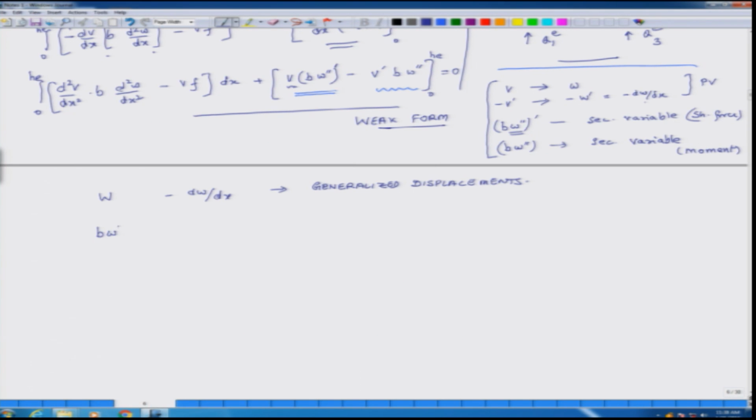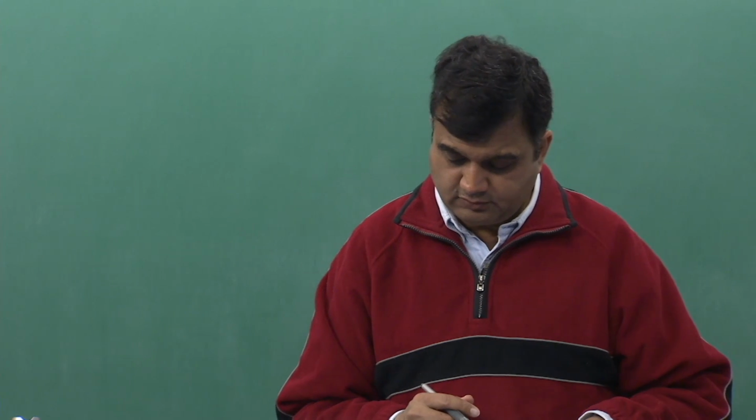So, these secondary variables, and B W prime prime, are called generalized forces. So, this is a moment, this is shear force, but in a general sense we call them generalized forces.